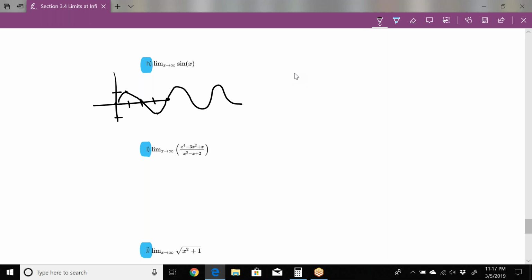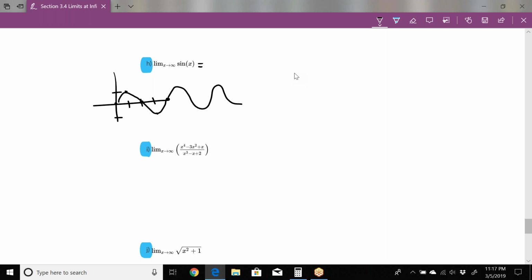So this one, no matter what you do, is never getting closer and closer to a specific number. It stays fluctuating, or the word we use is oscillating, between -1 and 1. It's never going to change the distance. The distance between those two oscillations never gets closer together.